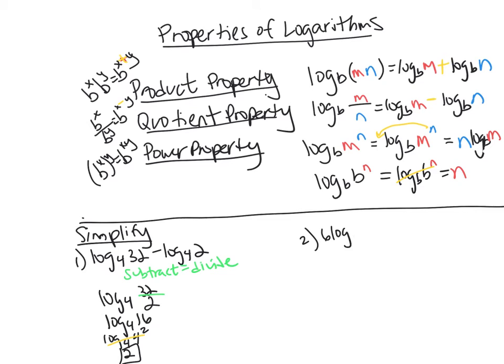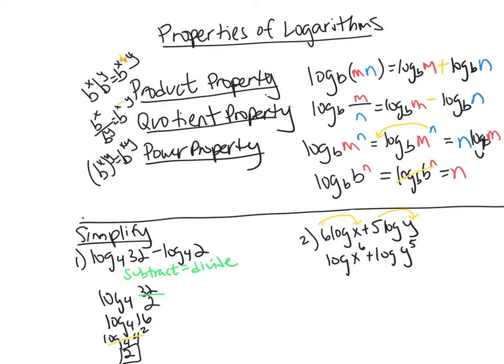So look at the next one, 6 log x plus 5 log y. Again, if I want to simplify, I want to turn it into one log. So the first thing I'm going to do is make them into exponents. The 6 in the front, I can put as the exponent. The 5 I can put as the exponent. So we have log x to the 6th plus log y to the 5th.